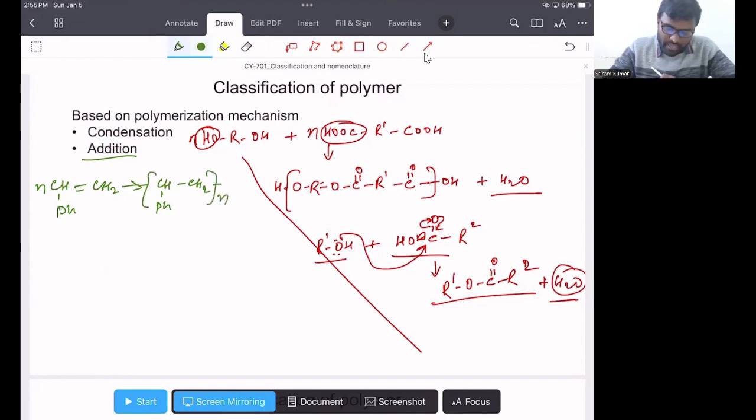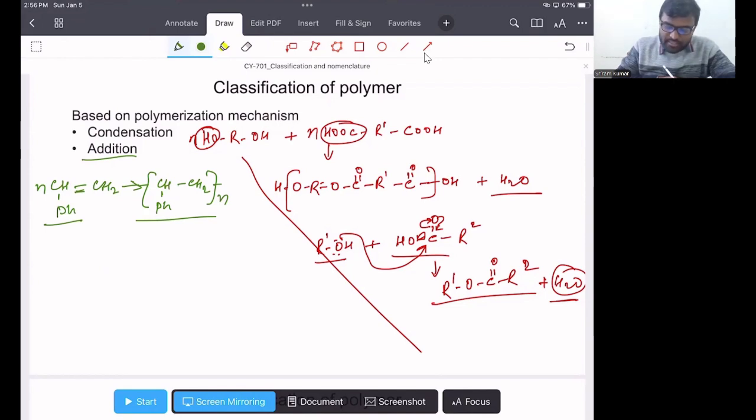This is an example of addition polymerization, because one monomer gets added to the other, and there is the formation of the polymer.